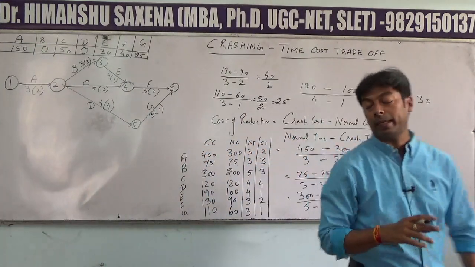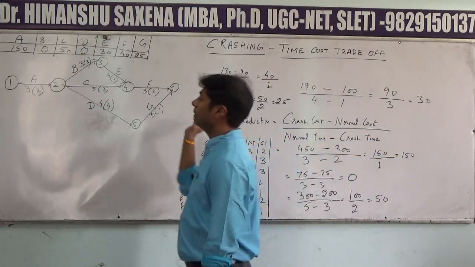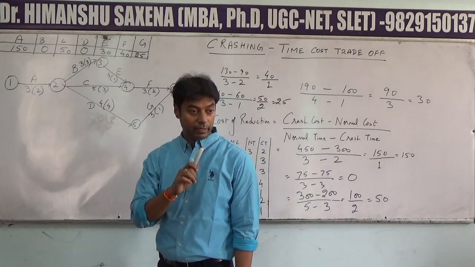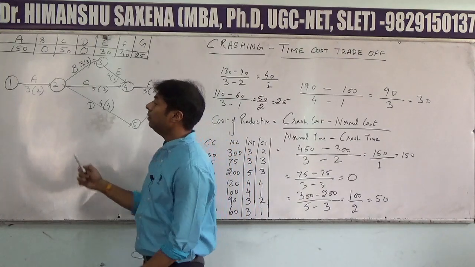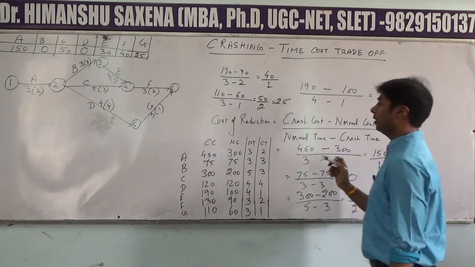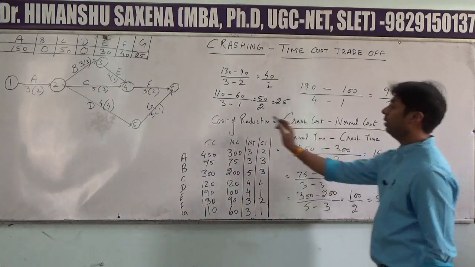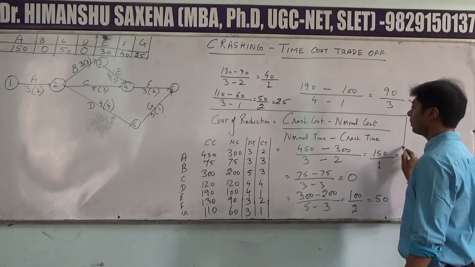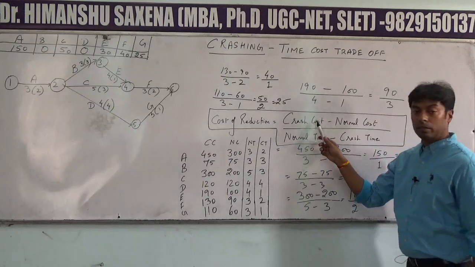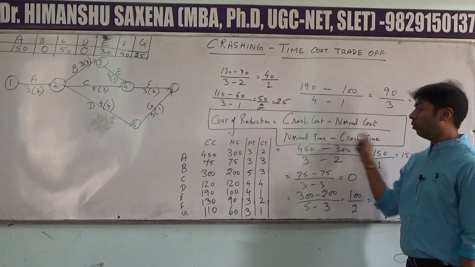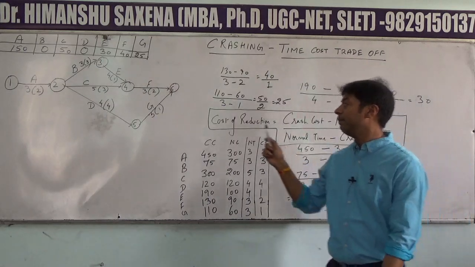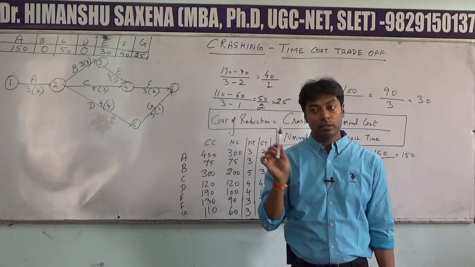Remember the initial steps. First, we had constructed the network diagram by using all the nodes and activities given to us in the illustration. Second step is to calculate the cost of reduction, which will be calculated by this formula: crash cost minus normal cost whole divided by normal time minus crash time. Another name for cost of reduction is cost slope.